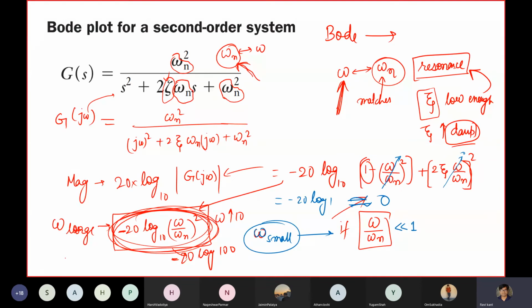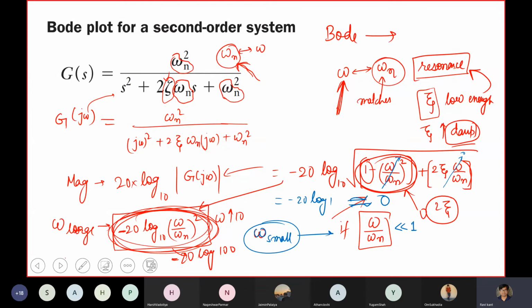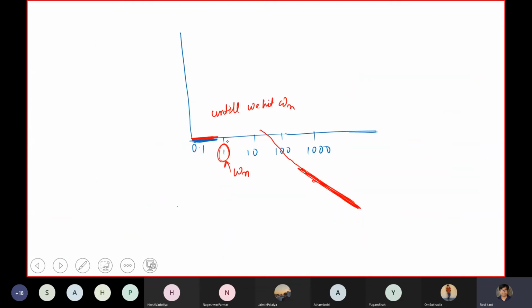In between, whenever ω is equal to ωn, so ω/ωn is 1, this term overall is 0, and this term comes out to be 2ζ. Now it solely depends upon ζ, and for lower values of ζ it will show some sort of peak and go something like this.